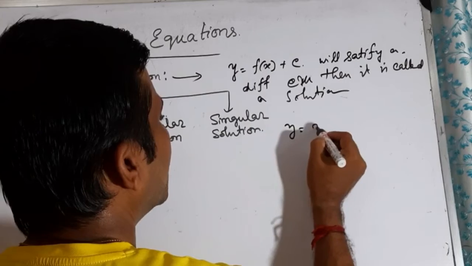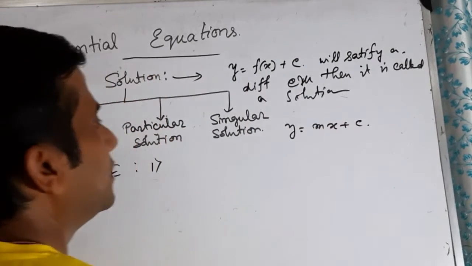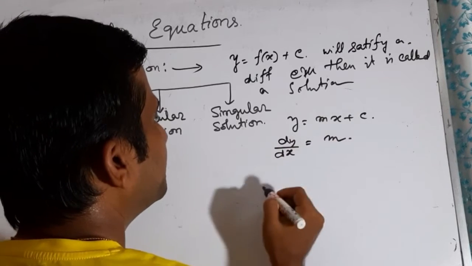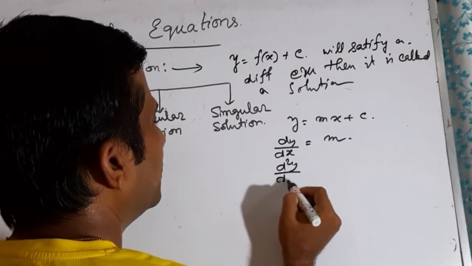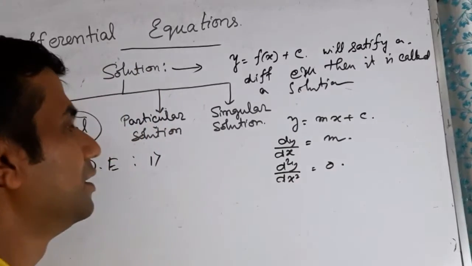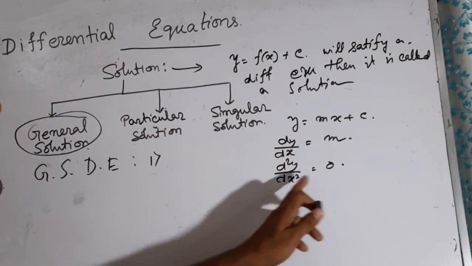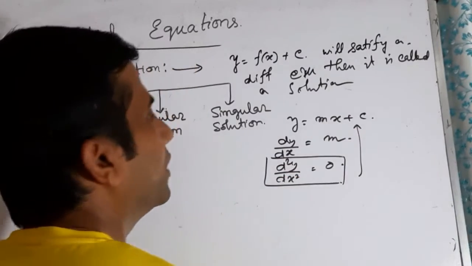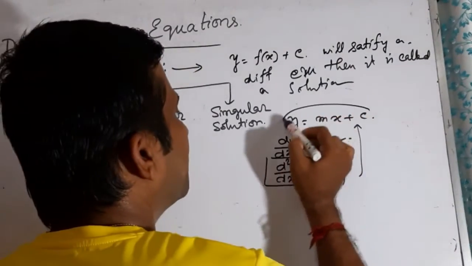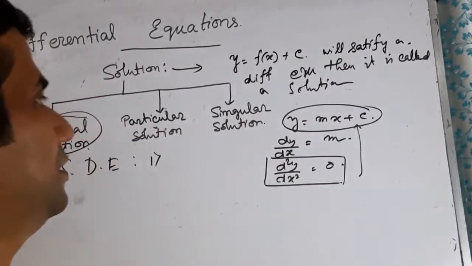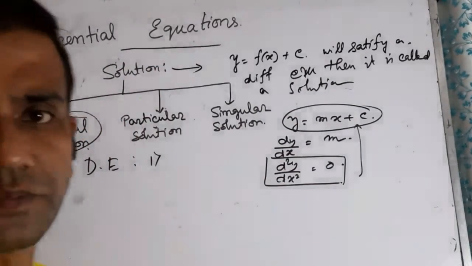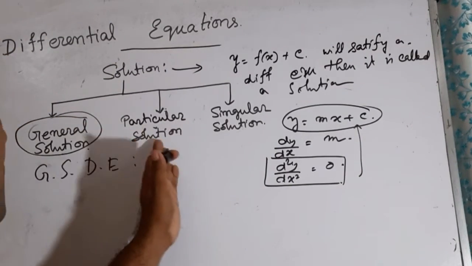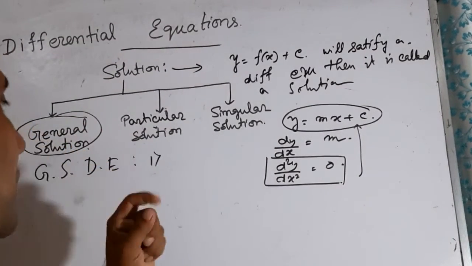Suppose y is equal to mx plus c, dy/dx is equal to m, d2y/dx2 is equal to 0. Then you can say that this differential equation d2y/dx2 is equal to 0 is satisfied by y is equal to mx plus c. So y is equal to mx plus c is a solution of the differential equation. Now I again say that solutions are of three types: general solution, particular solution, and singular solution.